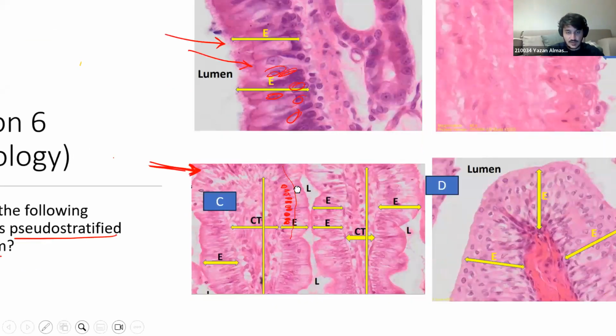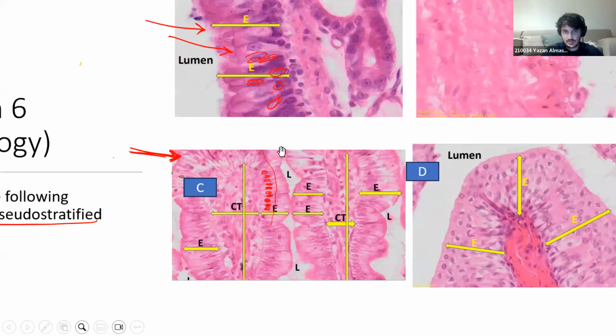So can you see these things on the edges? Am I zoomed in on your screen too, just to know? Can you see these things coming off the epithelium? Do you guys know what they're called? Like here, here, here. Cilia or microvilli. Perfect. So it could be cilia or microvilli.